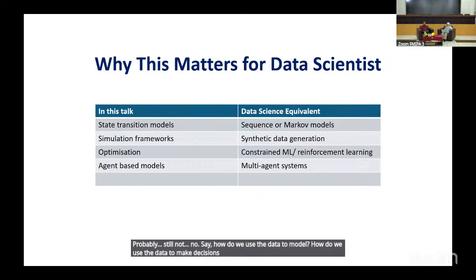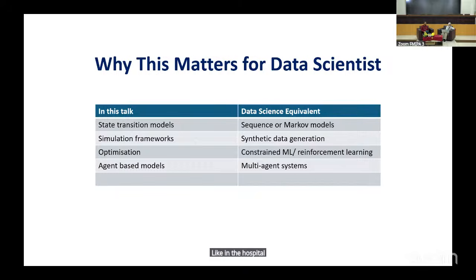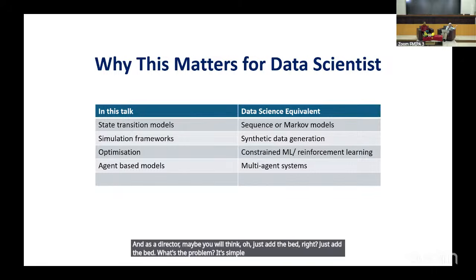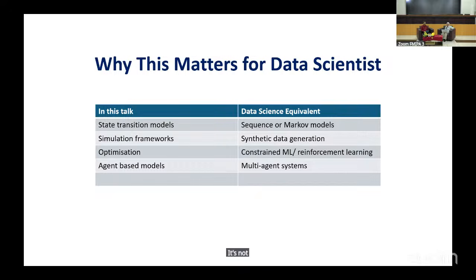Like in a hospital, the director observes that there are so many patients we reject when they need a bed because the beds are full. And as a director, maybe you will think, oh, just add beds, right? What's the problem? It's simple. You need more beds, you add beds. It's not a difficult problem.